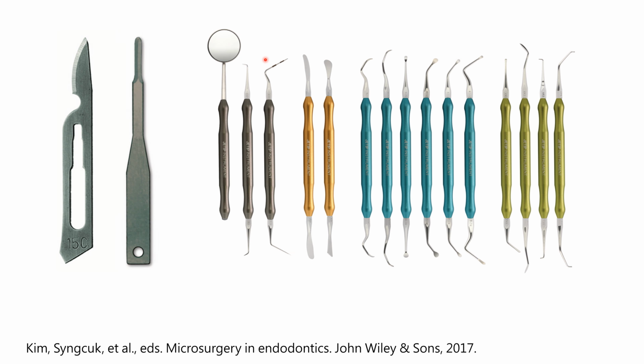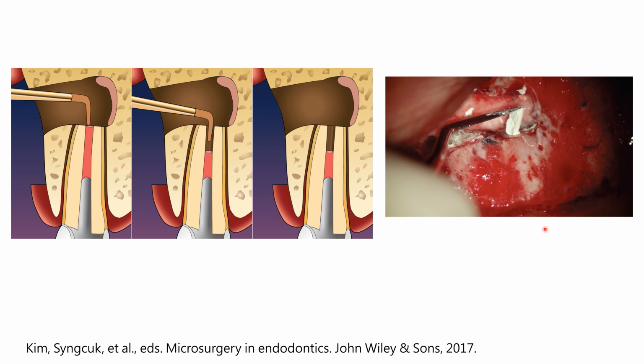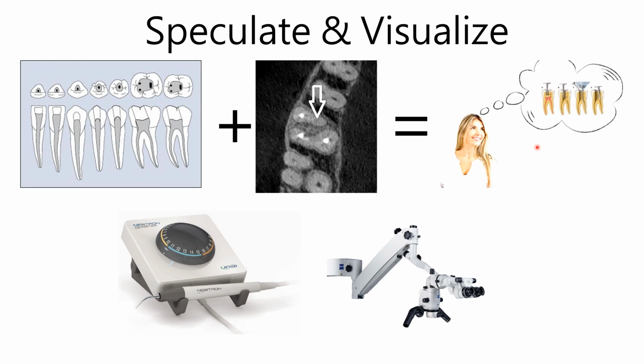And we have different kinds of surgical instruments for our apical surgery. So here is our apical surgery. We will cut the 3mm root tip and do the retrograde preparation under the microscope, where we can see very nicely when we do the retrograde filling.